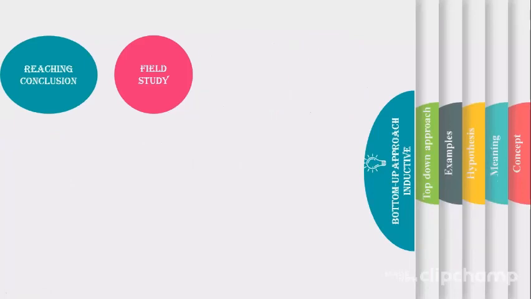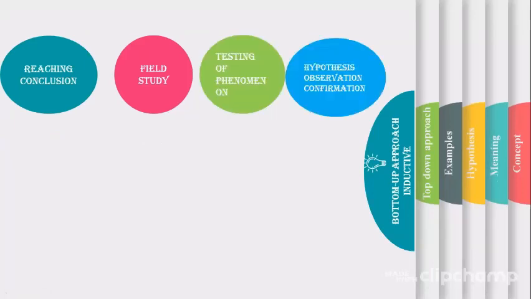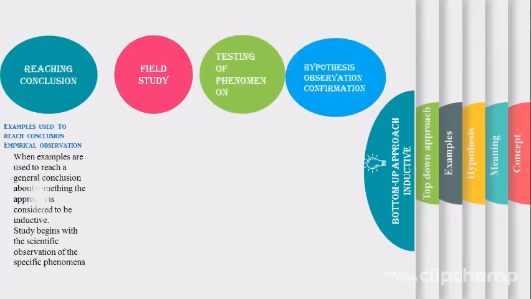Now the bottom up approach, that is inductive. The inductive approach does not have any theory. What it has is various examples. It starts through various empirical observations, various scientific observations of a specific phenomenon, just like in the previous slide we have seen with the airlines.